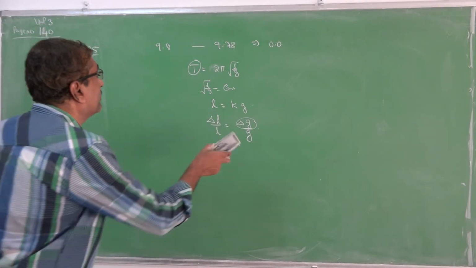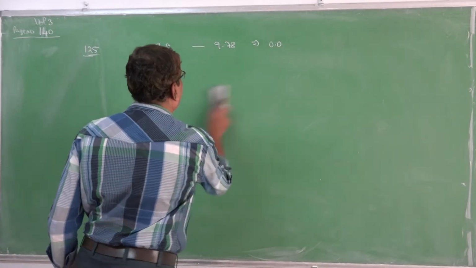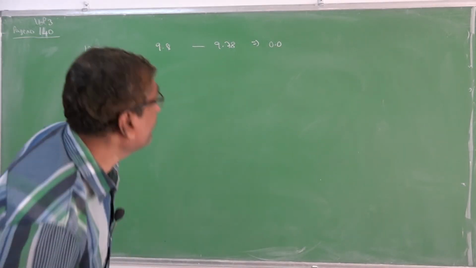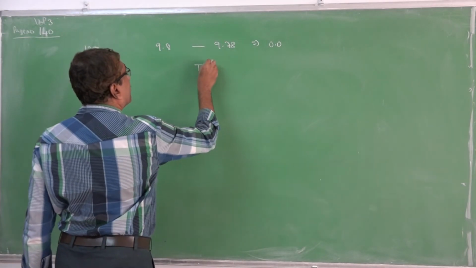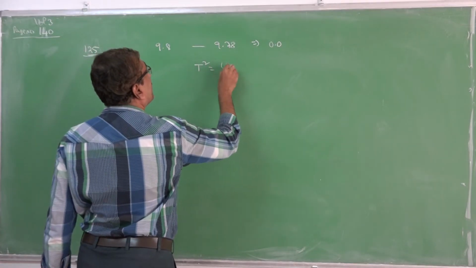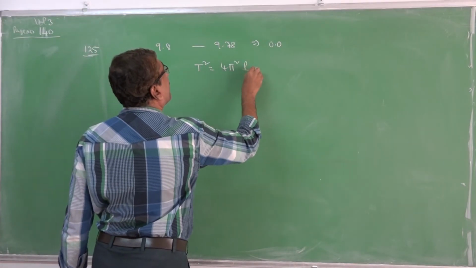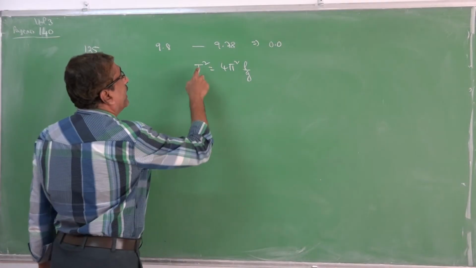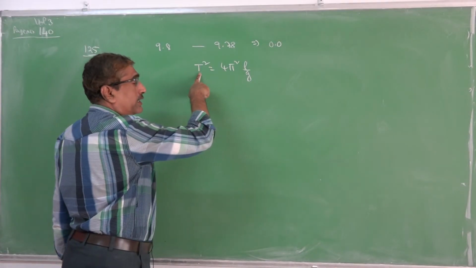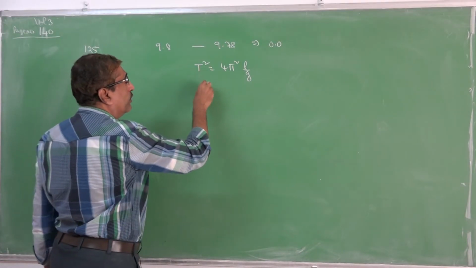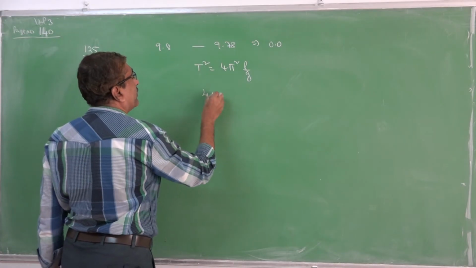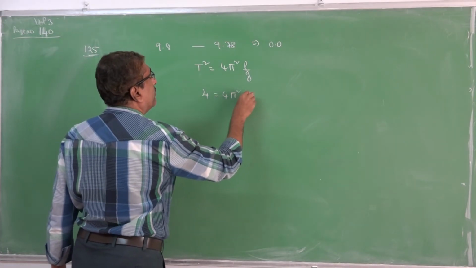Here we can cancel the terms of pi square. T square is equal to 4 pi square L by g, as we know. As it is given as a seconds pendulum, the time period is 2. 2 square means 4, that is 4 pi square L by g.